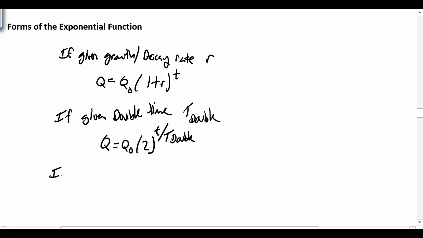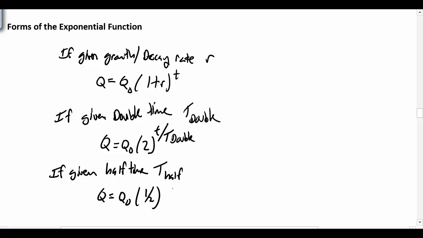If we're given the half time, the time it takes for half of something to be left, then we want Q equals Q naught times 1/2 to the T over the half time. So based on what they tell us, we can then write an equation around that.